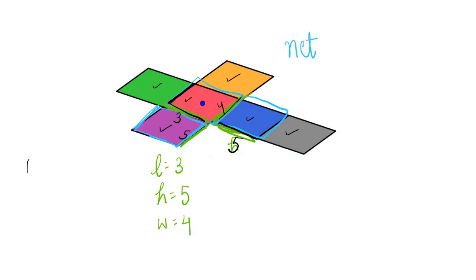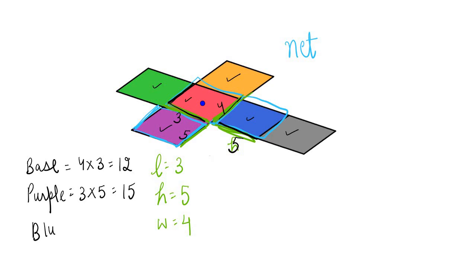The base one, okay. Base area is going to be 4 times 3. Purple wall is going to be 3 times 5. Blue wall is going to be 4 times 5. Now, we have all of them twice.